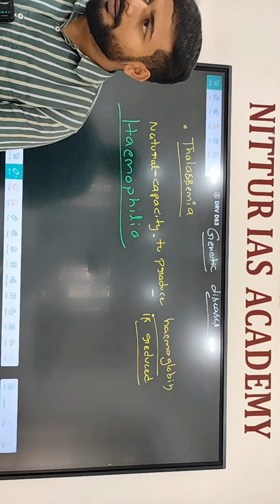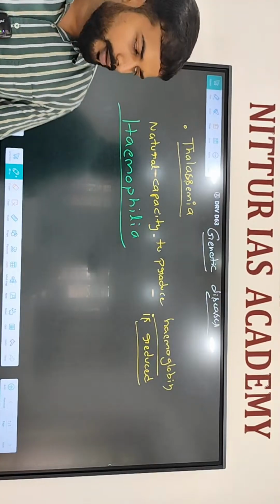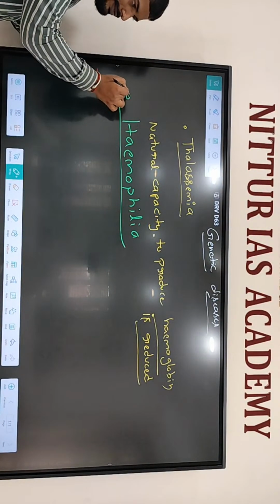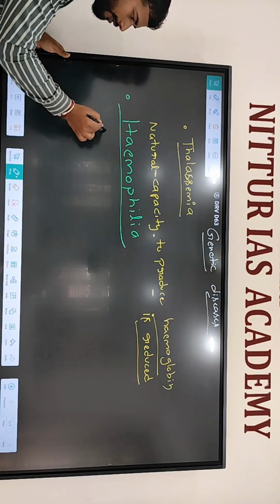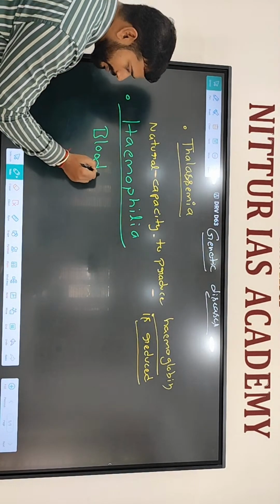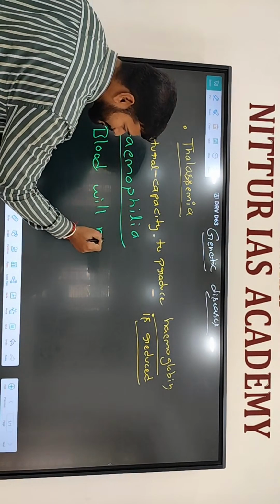Otherwise also, blood will clot, right? Hemophilia is a genetic disease where, if a person gets any cut or wound, the blood will not clot.